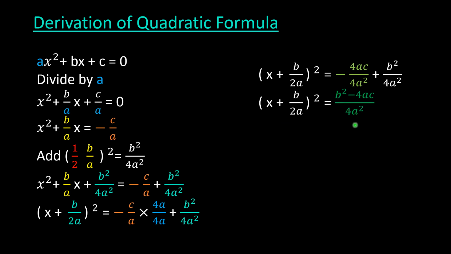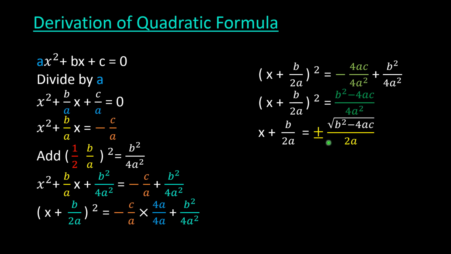Now we will take square roots on both the sides. So on the left side we get x plus b divided by 2a. On the right hand side we write plus minus under root b squared minus 4ac divided by 2a, where 2a is square root of 4a squared.